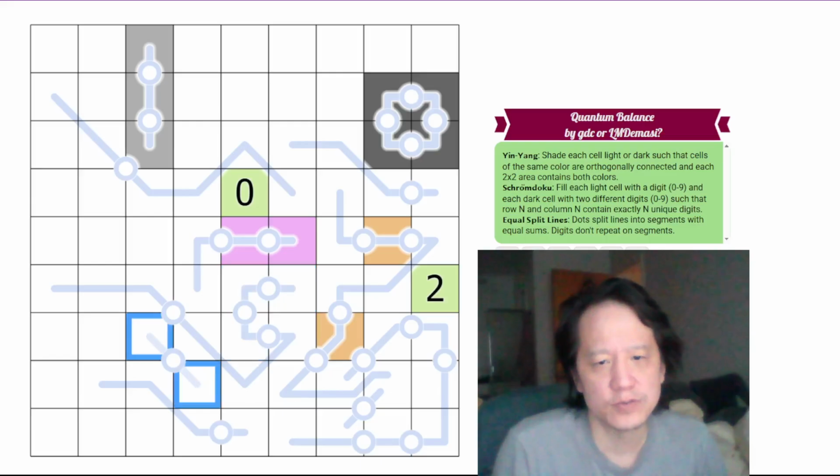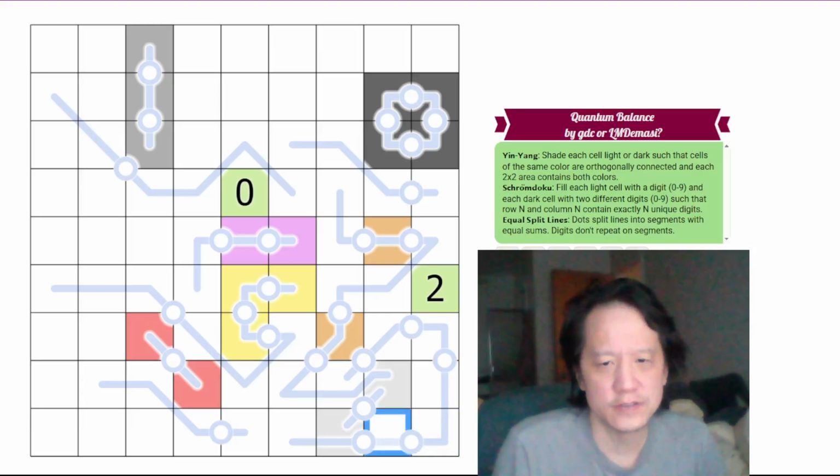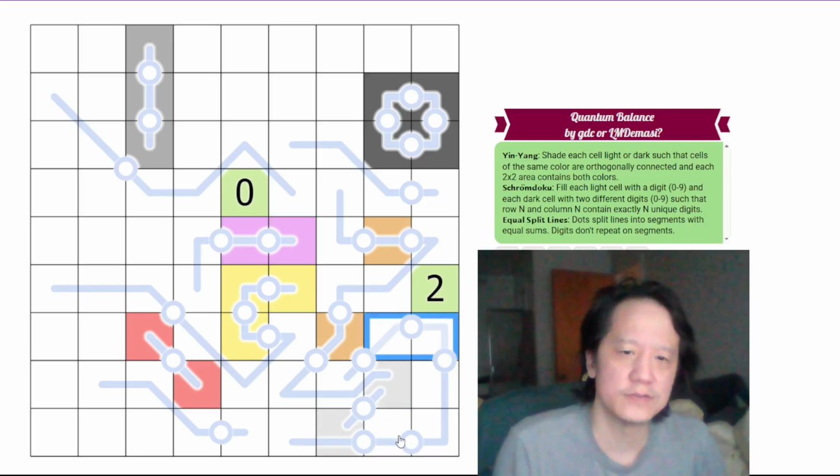Actually, we'll make this red. This will be yellow. These three are the same sum. And then these two are the same. Okay, so we'll make that light. And then we're missing a color. This is the same as these two.